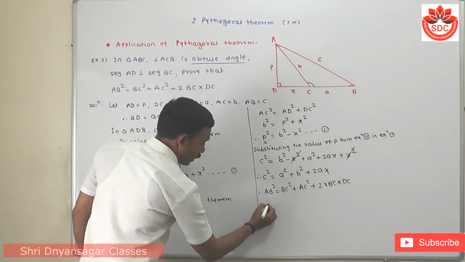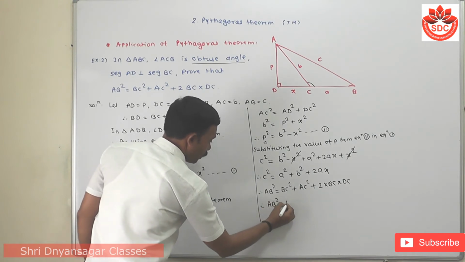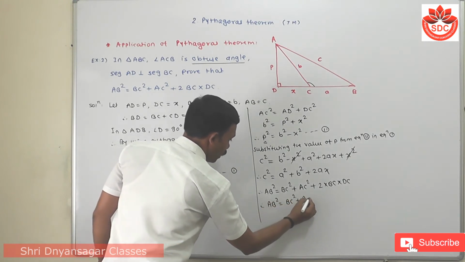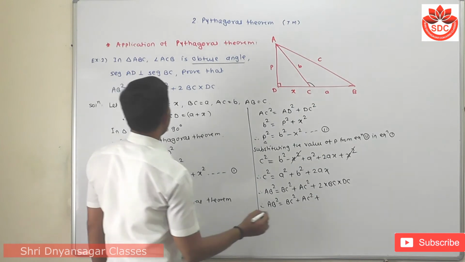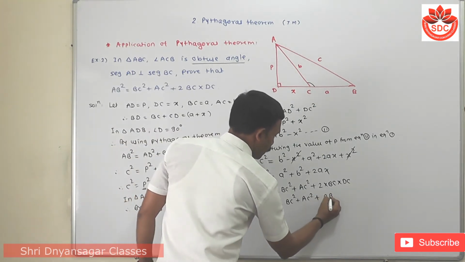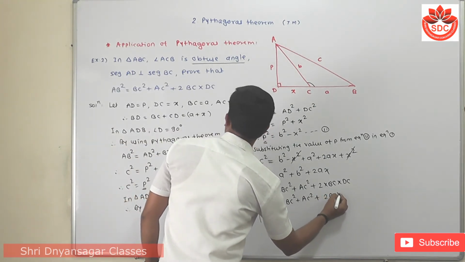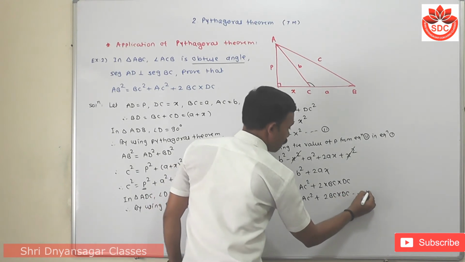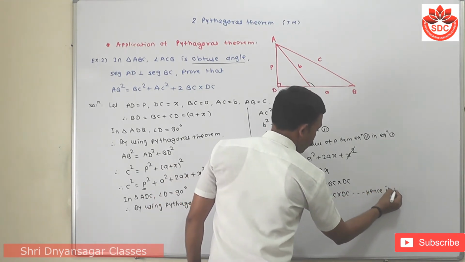Then again we write that AB square is equal to BC square plus AC square plus twice BC into DC, and hence it is proved.